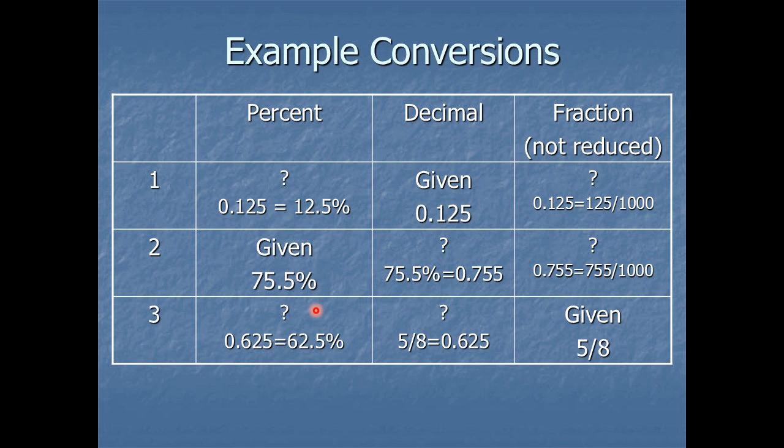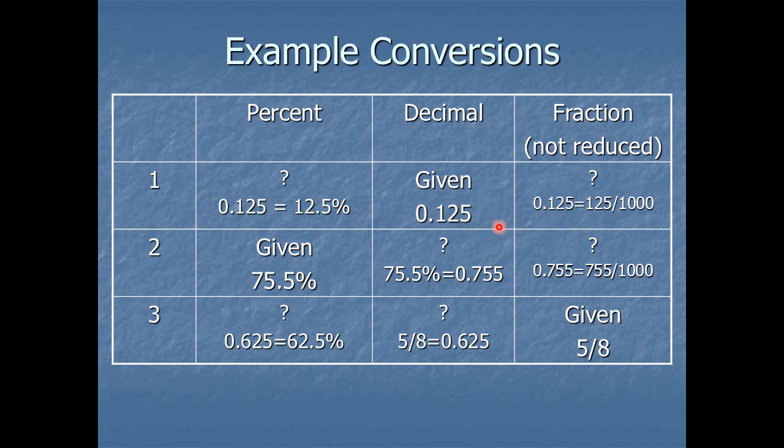For example, let's say you are given the decimal. You can move the decimal point 2 positions to the right to make the percent. You can also make the decimal into a fraction. You know how to do this, right? You write 125 on top, and at the bottom you write 1 followed by 3 zeros, because there are 3 digits after the decimal point.